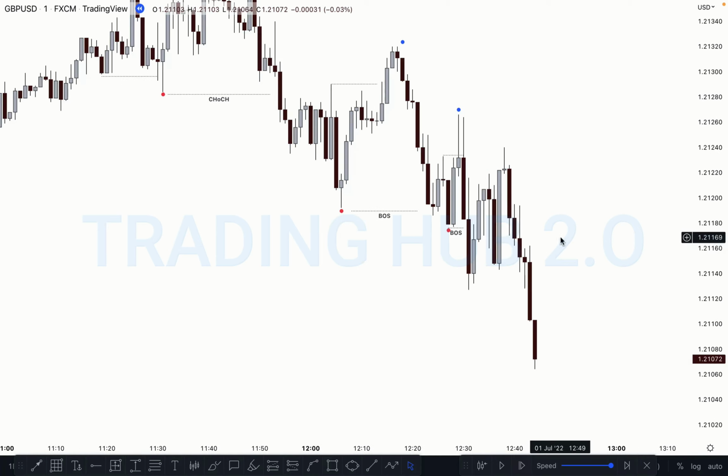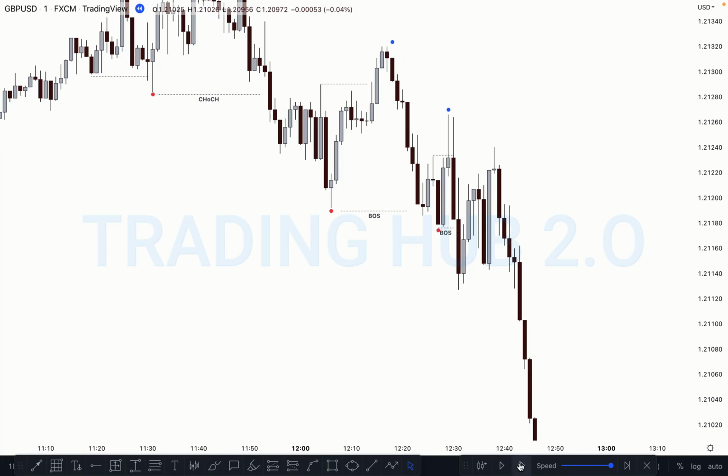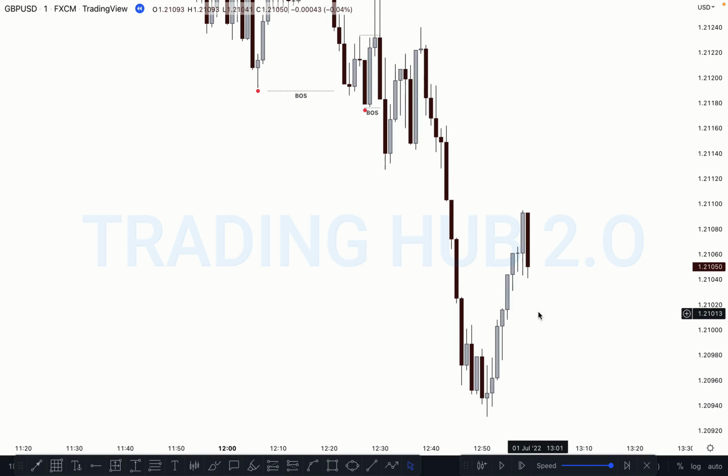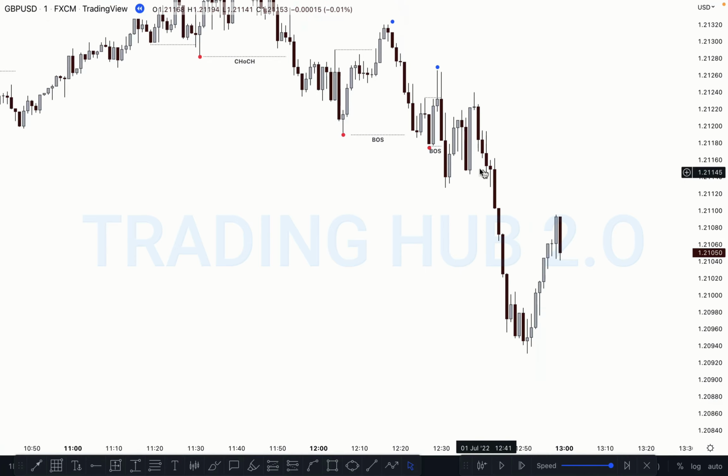Okay, so price broke this low right here. Okay, and this is still a break of structure, and this is still a single leg. Okay, and let's see. Okay, now this point is confirmed here. Why? Because the recent structure is here.